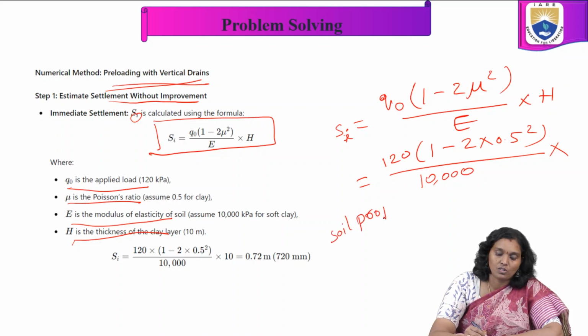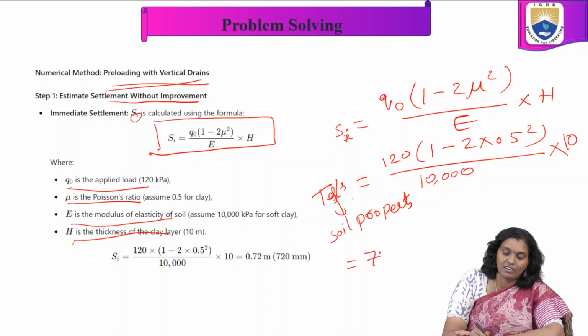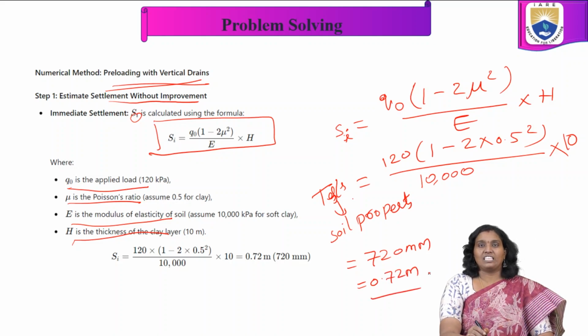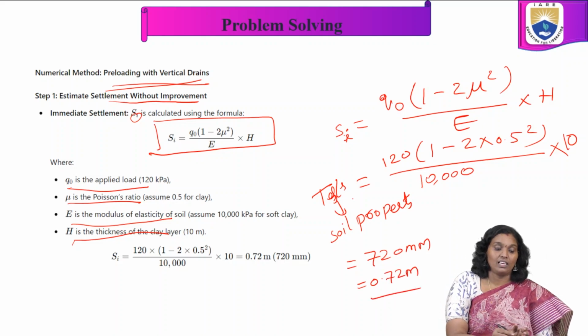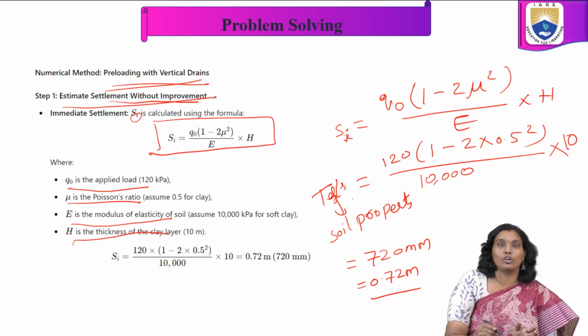The thickness of the layer is 10 meters. Finally, we get 720 mm, or 0.72 meters. Like this, we understand the initial settlement without improvement.